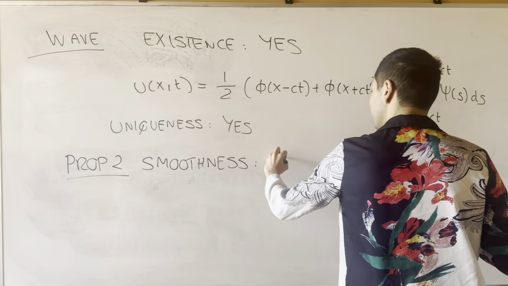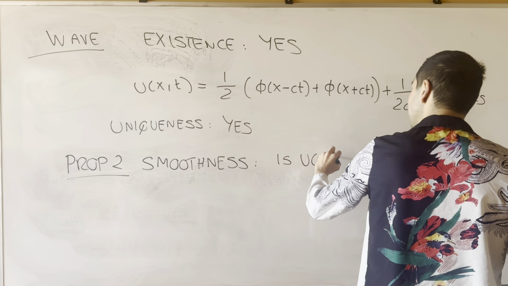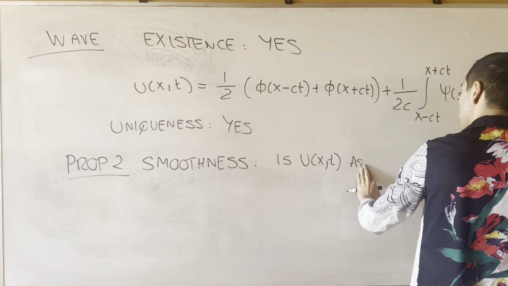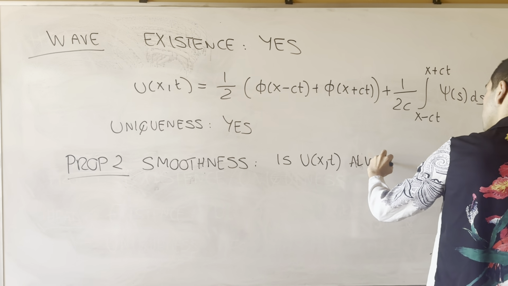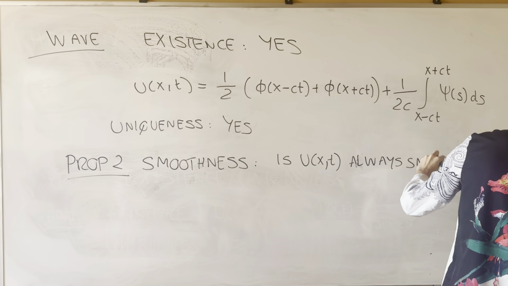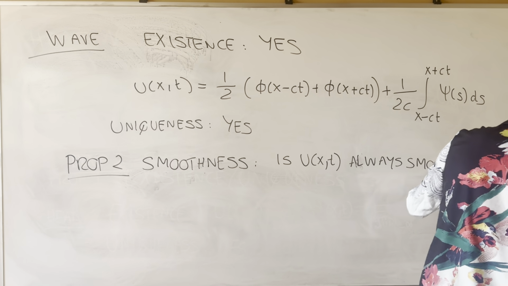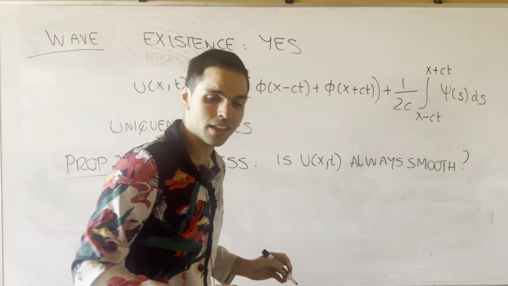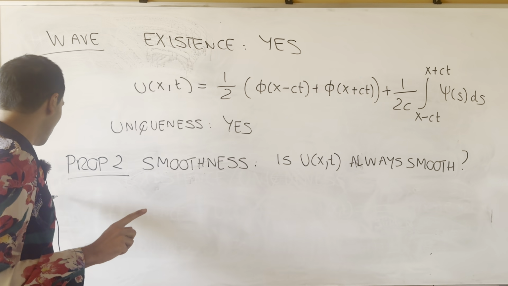And the question is, is u(x,t) always smooth? In other words, can you always differentiate u as many times as you want? And here is where both equations differ.